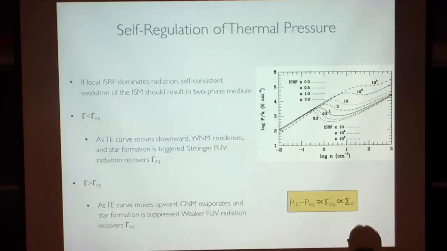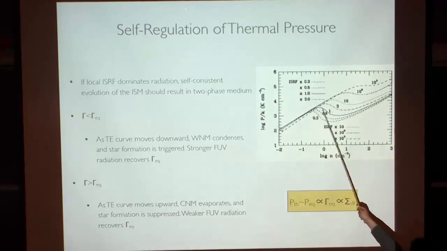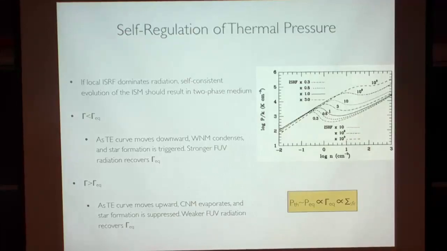So let's say we have this two-phase interstellar medium with some certain pressure that may lie around this region. But for some reason, if you increase the heating rate, or promote some star formation, that gives an FUV radiation larger than what you usually expect from this equilibrium state.